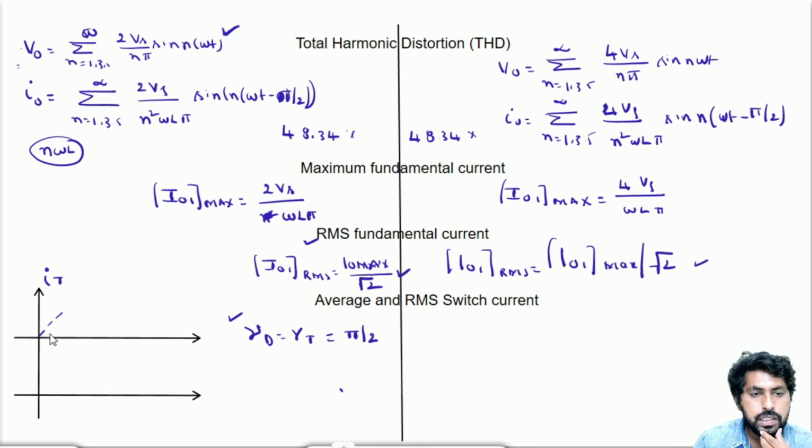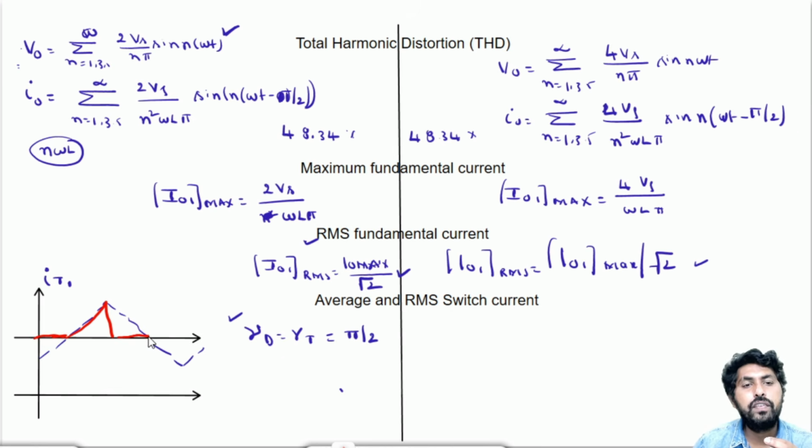So let me draw the switch current. First, let me draw the output current. The output current would be like this, right? In this period, IT1 will conduct, from here to here.